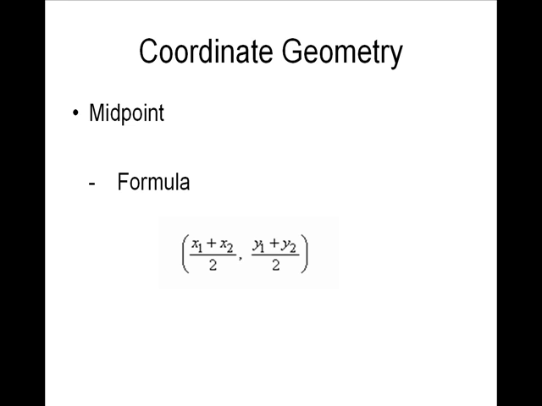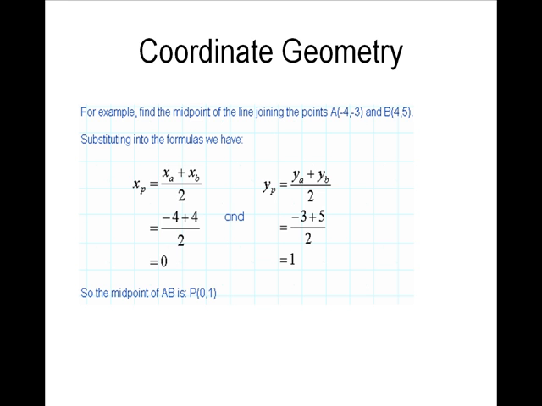Midpoint. Here is the formula to calculate the midpoint. x1 plus x2 divided by 2, y1 plus y2 divided by 2, and you'll get 2 numbers, basically x and y, that make up your point, and that would be your midpoint. So let's look at an example. So here I have 2 points, A and B. I'm just plugging the numbers into the formula.